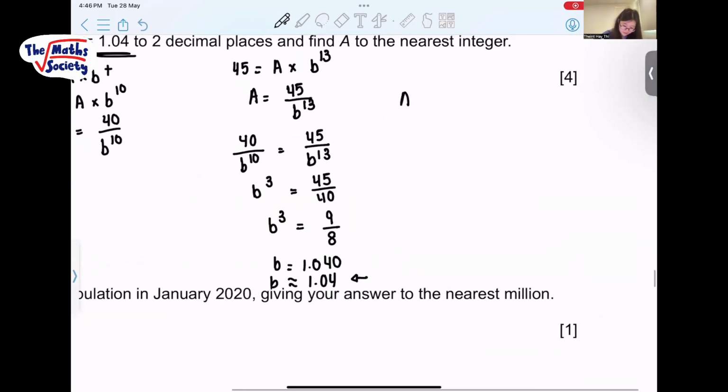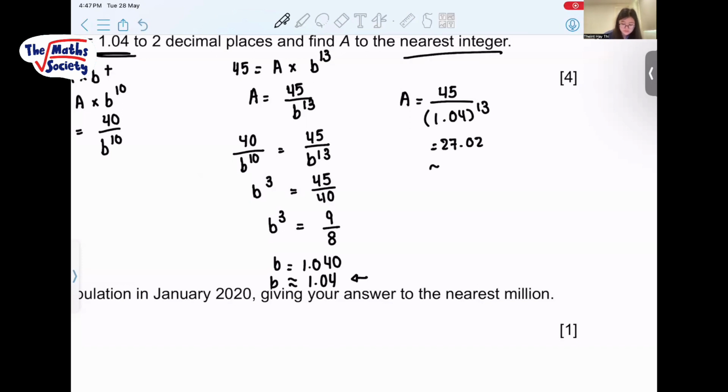And now we're going to find A. So A is just 45 divided by B power 13, so 1.04 power 13, which is just 27.02. But they say the nearest integer, so it's just going to be around 27.